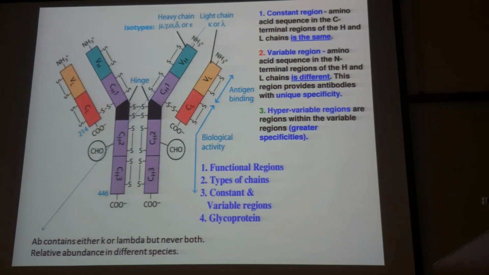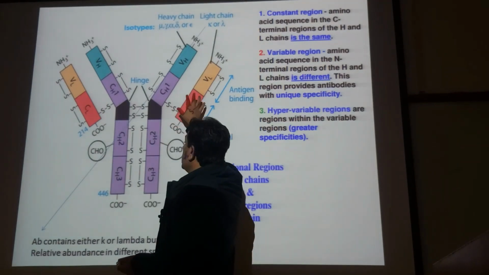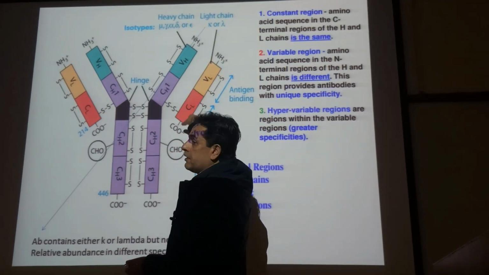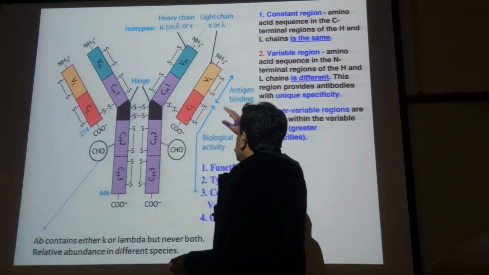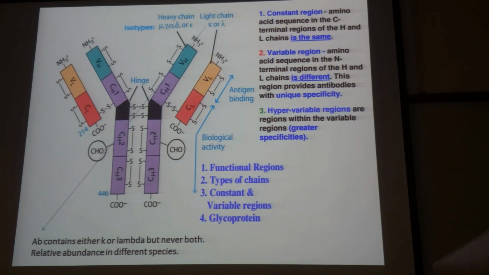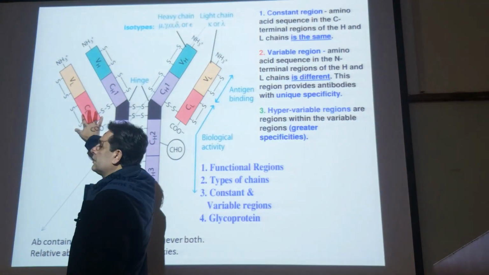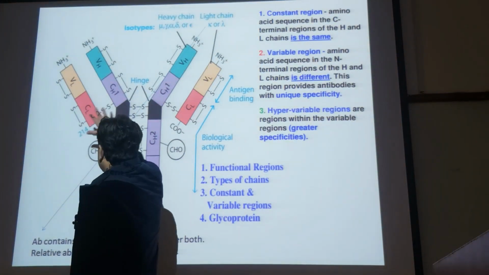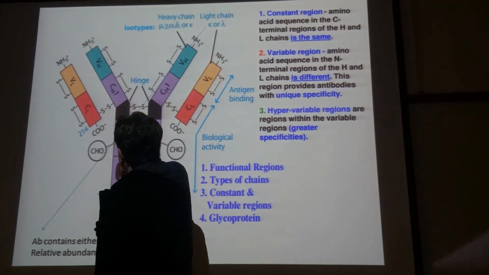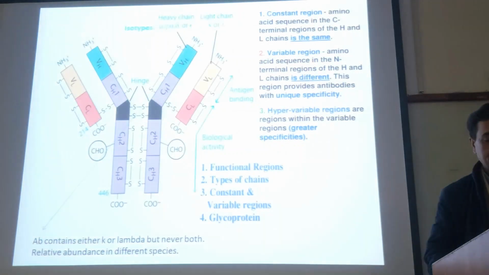For instance, in human beings, a majority of the antibodies have a kappa light chain, and a minority of the antibodies would have a lambda, but in majority of cases you would find the kappa chain in human bodies. If you look at the length of this fragment, it's about 214 amino acids, and the heavy chain is about 446 amino acids in length.